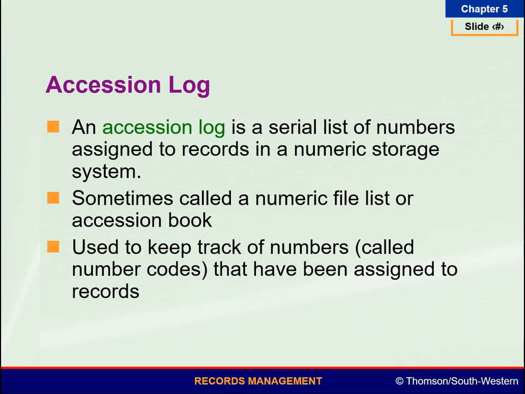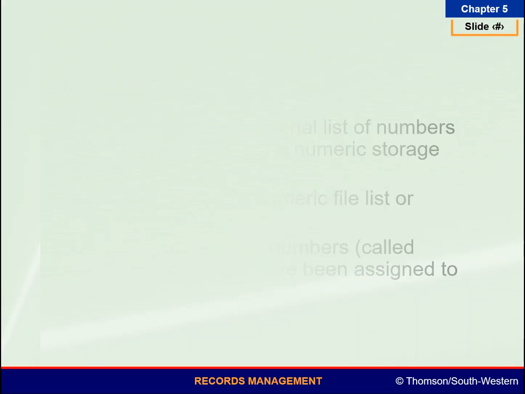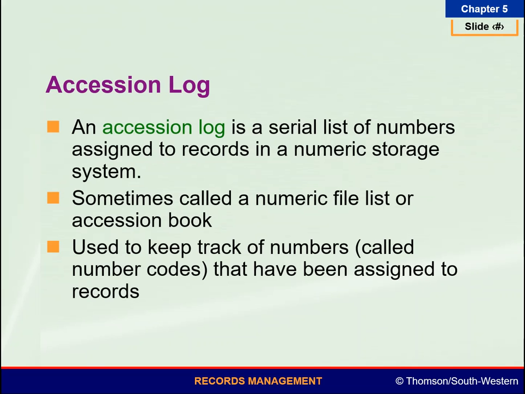Ascension log is a serial list of numbers assigned to records in a numeric storage system. Ascension log is sometimes called a numeric file list or ascension book. You will use the ascension log to keep track of numbers, called number codes, that have been assigned to records.